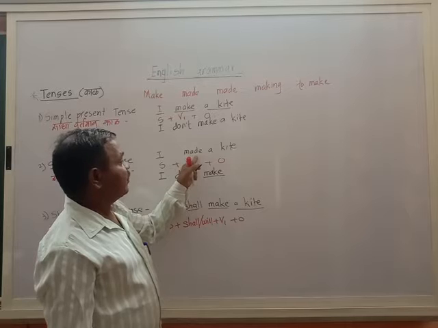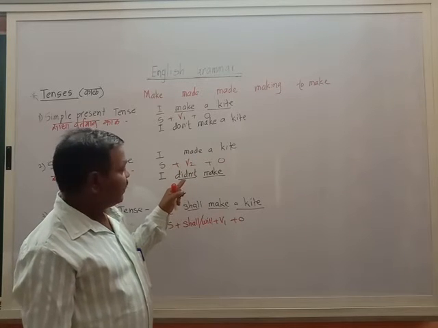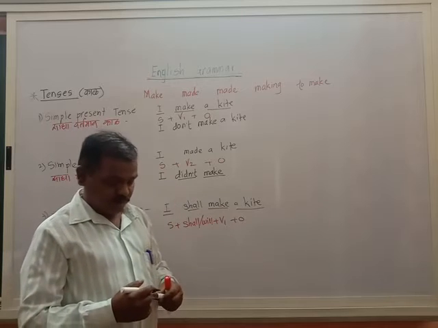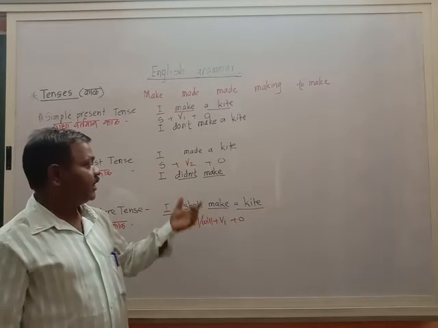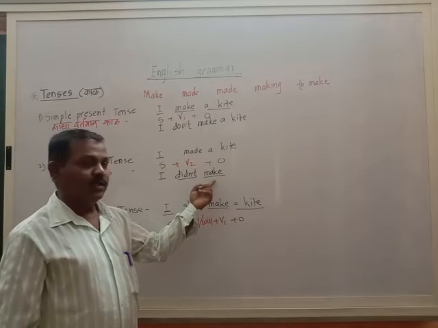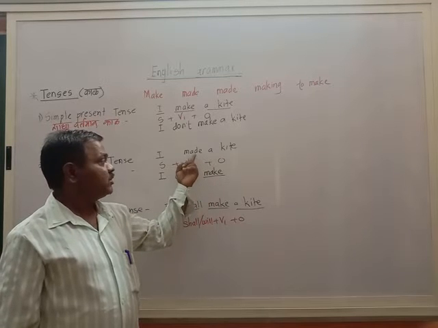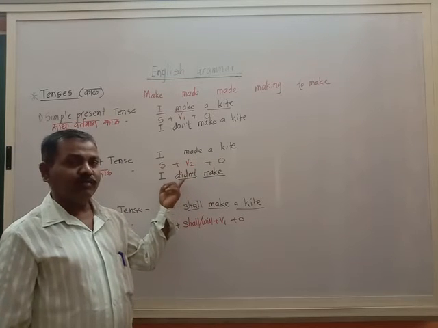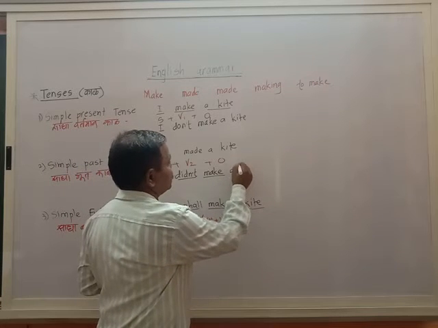So this is actually past tense, but this past tense is taken away by this auxiliary. So this is one rule in the simple past. When you make the negative of the simple past tense, you have to write the main verb again in the V1 original form, because this past tense is taken away by this did. I didn't make a kite.